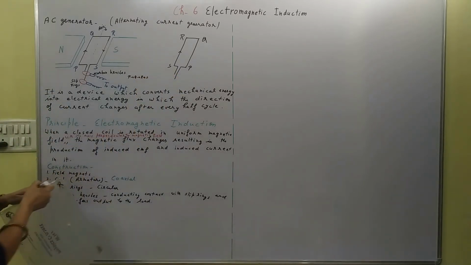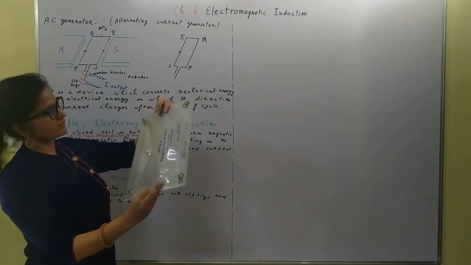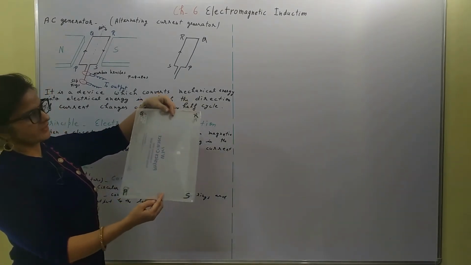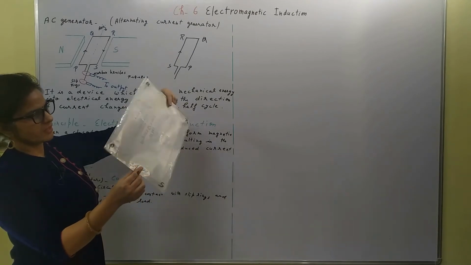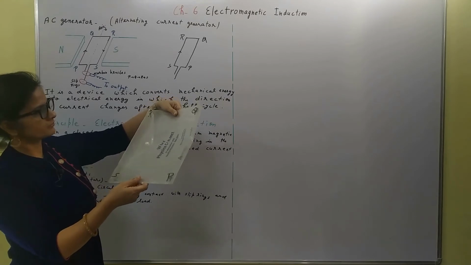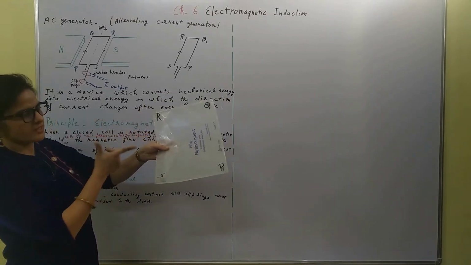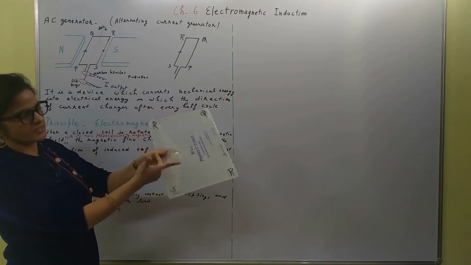If you look at this again, previously it was PQRS like this, and then it is now this position, now it has become this. Now it is RS, as we can see this is magnetic field, this is the motion, this is the current.